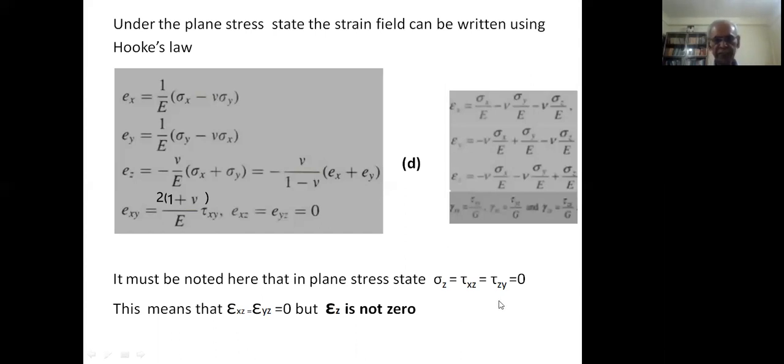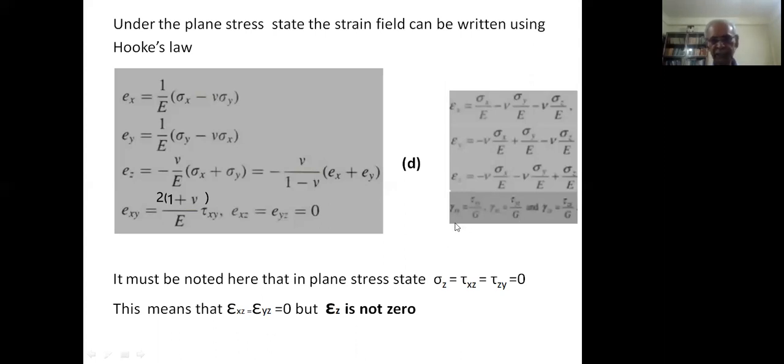Since tau xz and tau yz are related to epsilon xz and epsilon yz simply by G, epsilon xz and epsilon yz will also be 0.